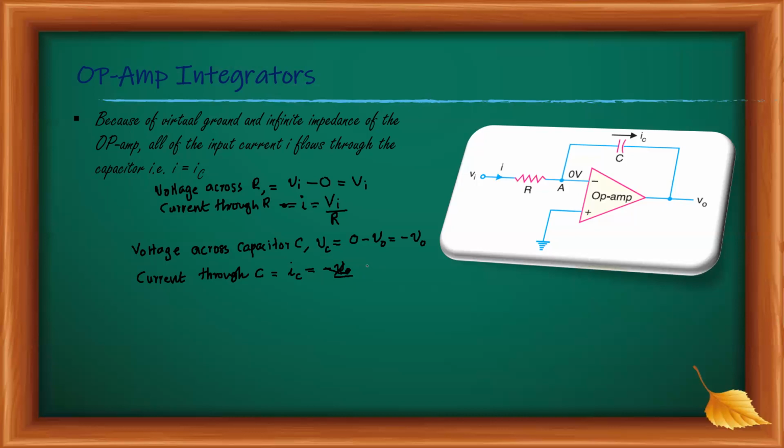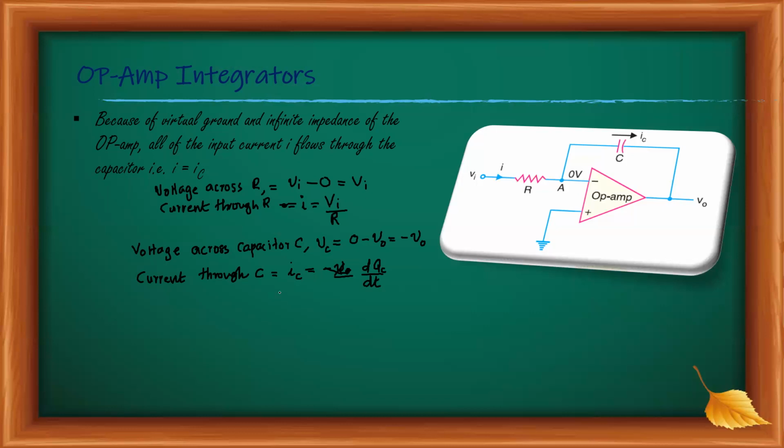IC is equal to dQC divided by dt, the derivative of charge with respect to time, as in the case of a capacitor.